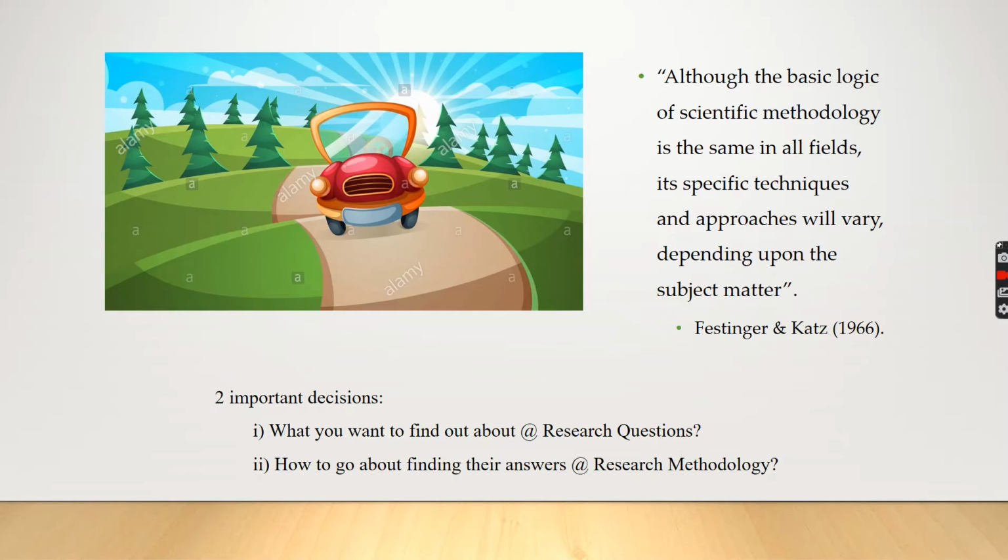First of all, just imagine that you are undertaking a journey. You want to travel from point A to point B. Before you go out for a drive, you must decide where you want to go and which route to take.